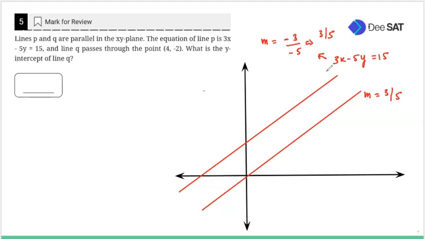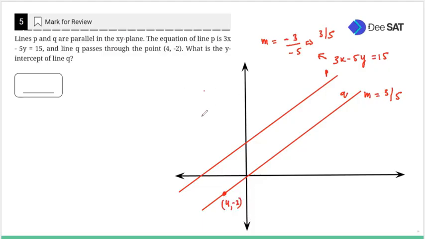For example, this is line P, this is line Q. Let's consider it in that sense. And it passes through the point (4, -2). So 4 comma minus 2 is this point.